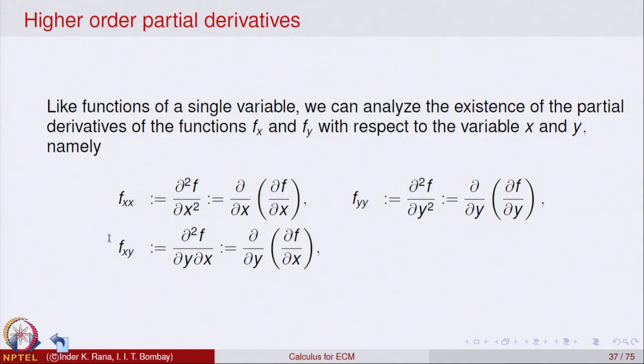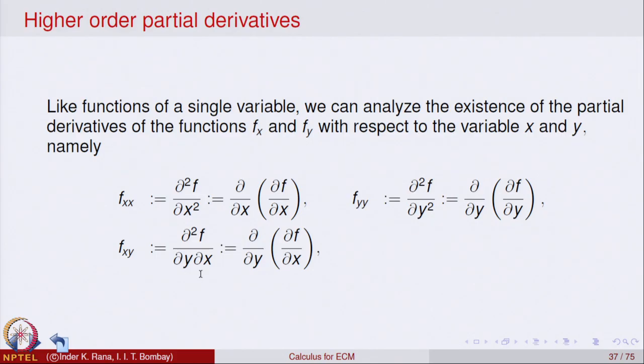So keep in mind that if this notation is used, you first find the partial derivative of f with respect to x and then with respect to y. The lower suffix goes from left to right, whereas in the denominator it goes from right to left.